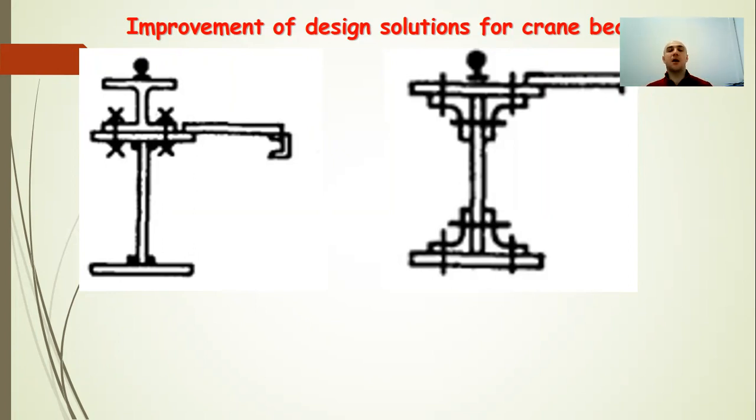Riveted beams are heavier than welded beams and more laborious to manufacture. However, due to their higher durability, they are used in buildings of ferrous metallurgy plants with special duty cranes. Special duty cranes are a heavy mode.